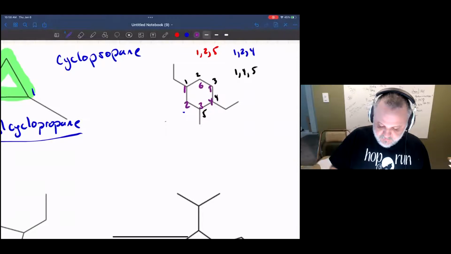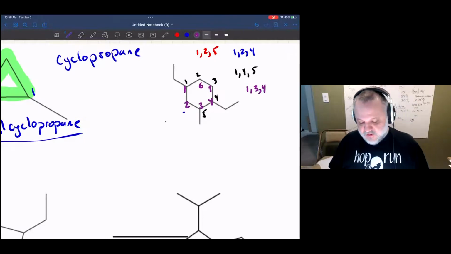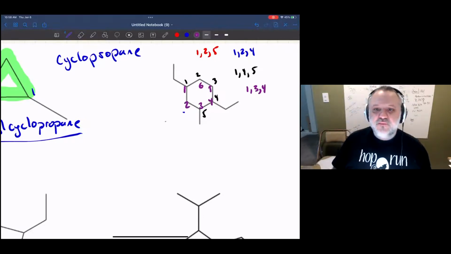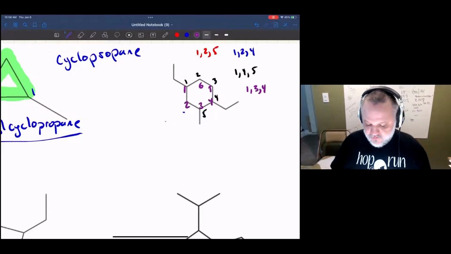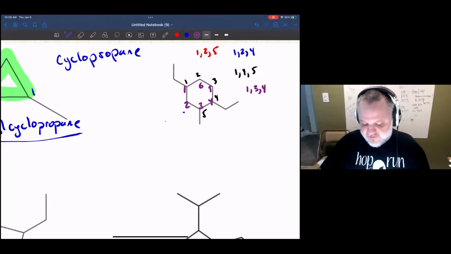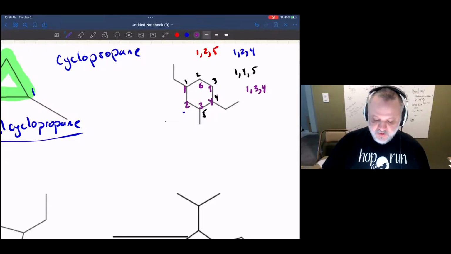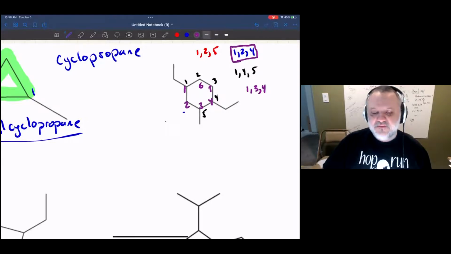I think that was going to end up being 1, 3, 4. And so I do have 4 different sets of values. And so we got to pick the right one. Is it 1, 2, 5, 1, 2, 4, 1, 4, 5, or 1, 3, 4? I think it's going to be 1, 2, 4 because that gets us the lowest possible set of substituents.